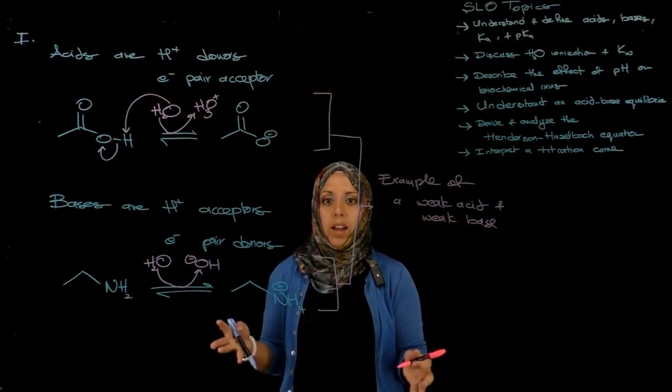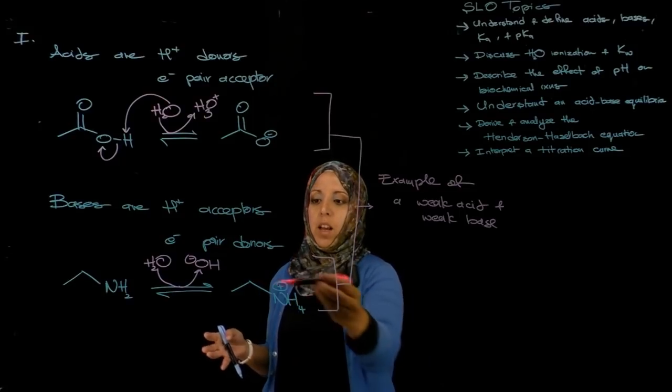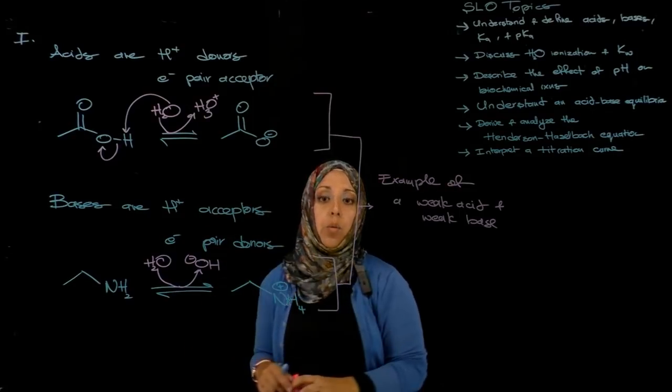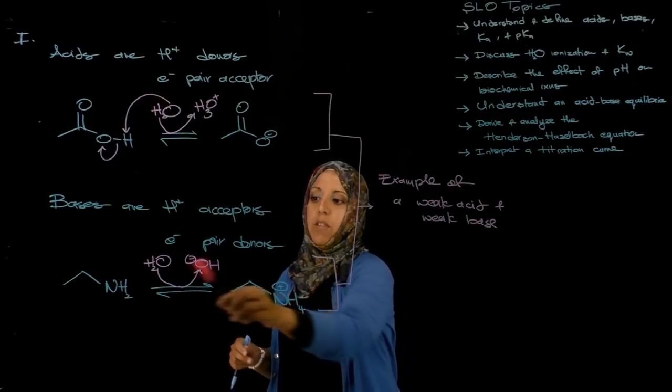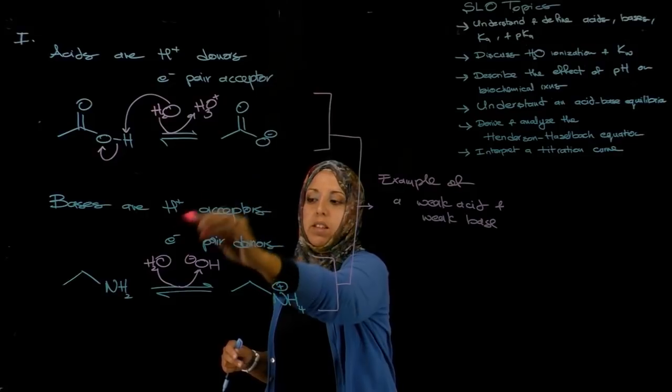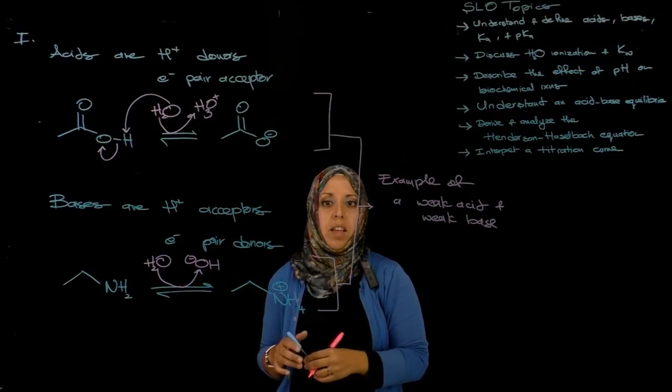And we know they're weak acids and bases because they only partially dissociate in solution, meaning what we have is an equilibrium, all right? So we can actually measure the concentration of the acid and its conjugate base, or the base and its conjugate acid. So they have a measurable equilibrium.